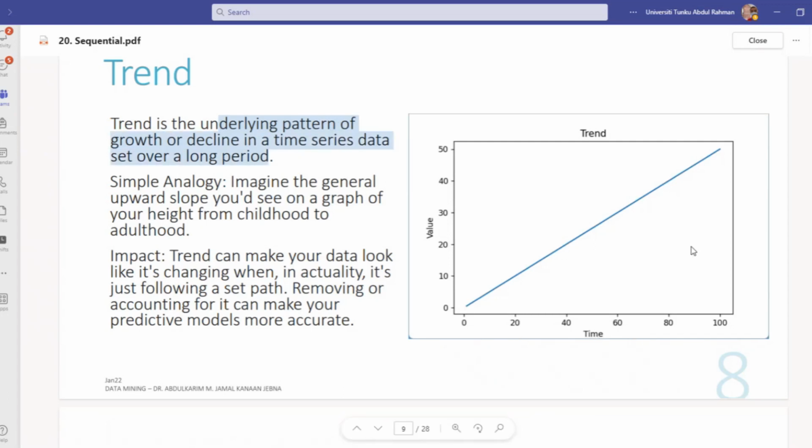For example, let's say this value represents the total sales of items over time. What we can see over time is that the total number of sales is increasing, right?